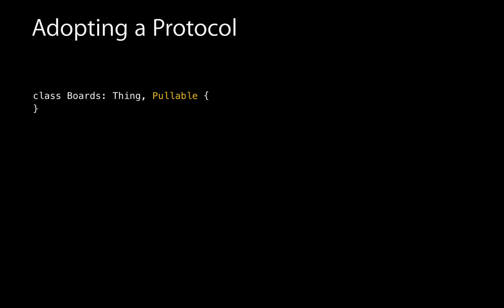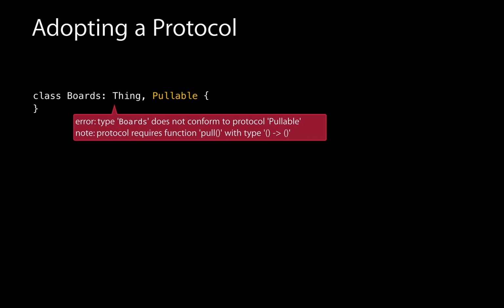In order to adopt this protocol, we just go back to our boards class and either extend it or add pullable to the main definition of it. In this case, I've decided to add it to the main definition. The compiler warns me straight off that I haven't actually fully implemented this.